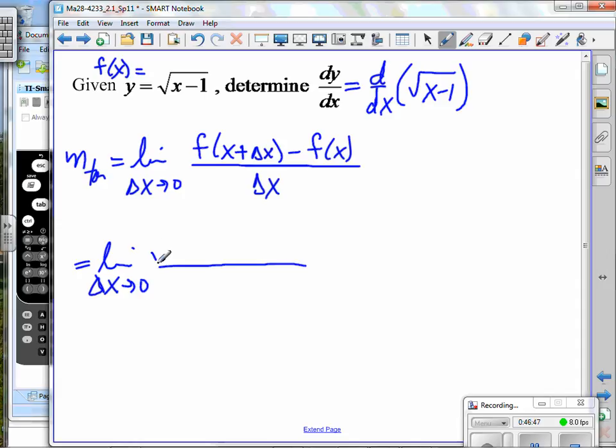So that's going to be the square root of x plus delta x minus 1. Make sure you enclose all of that in the square root sign, minus the square root of x minus 1. All of it divided by delta x.